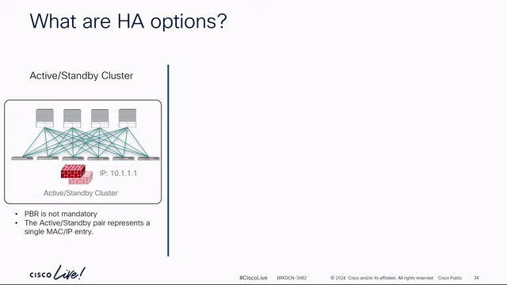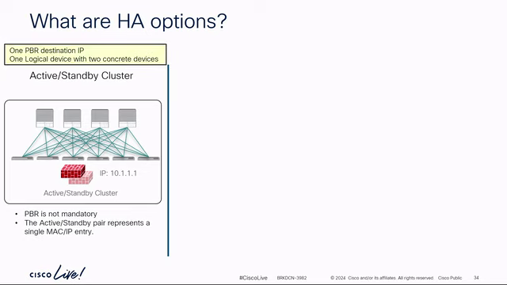Then from fabric perspective, it still keeps sending traffic to the same PBR destination, but endpoint location is moved. So it's not PBR failover, but endpoint location change. This is one PBR destination IP, one logical device, 2 concrete devices.